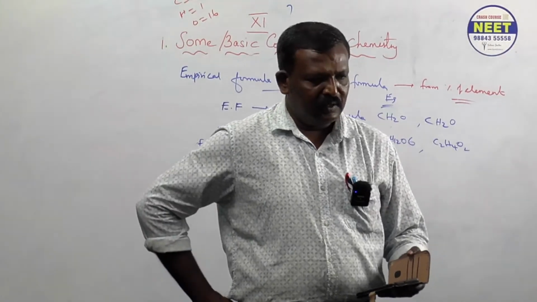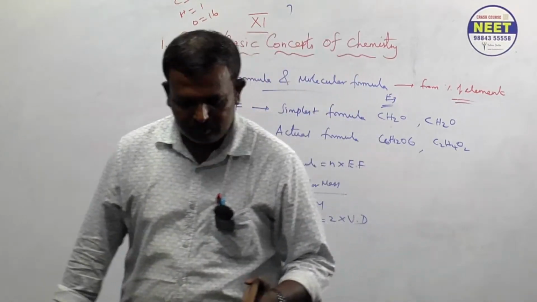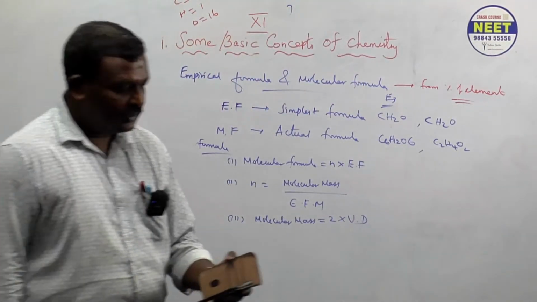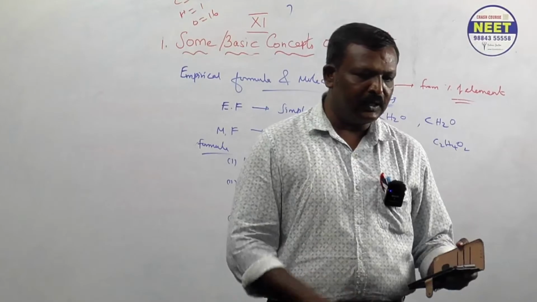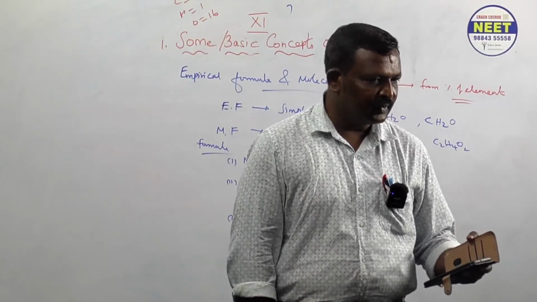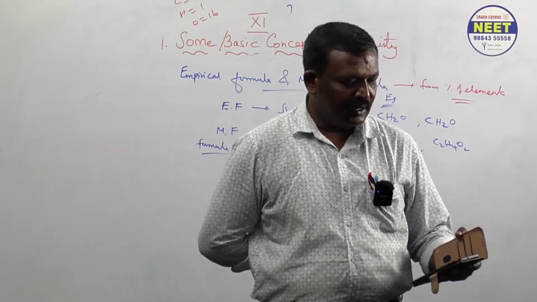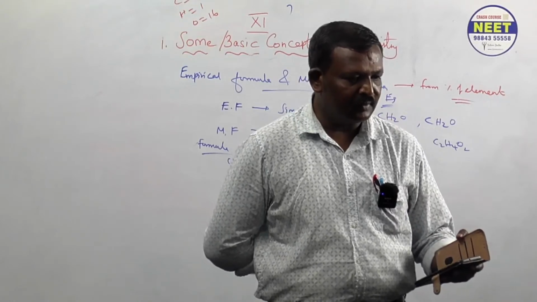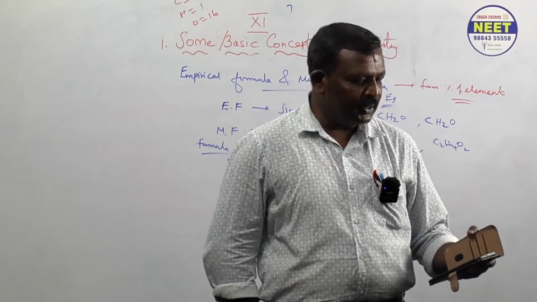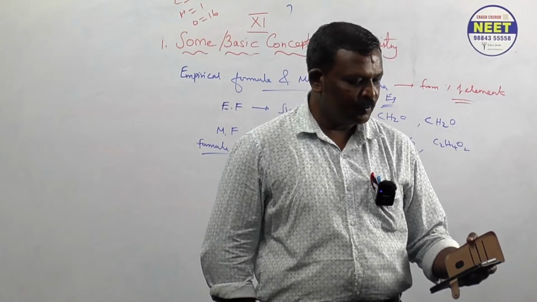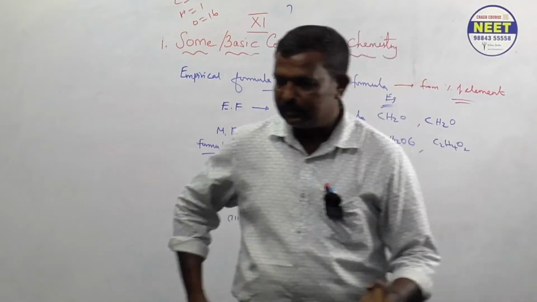Determine empirical formula and molecular formula of a compound containing 76.6% carbon, 6.38% hydrogen, and the rest is oxygen. Its vapor density is 47. Okay. Right. This is the question.